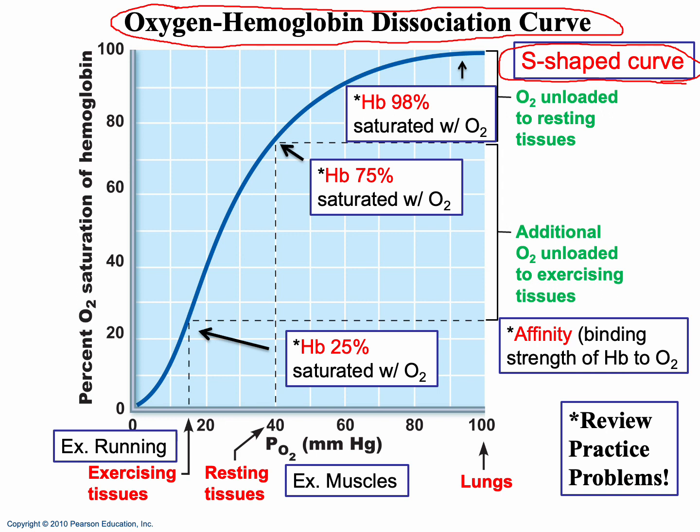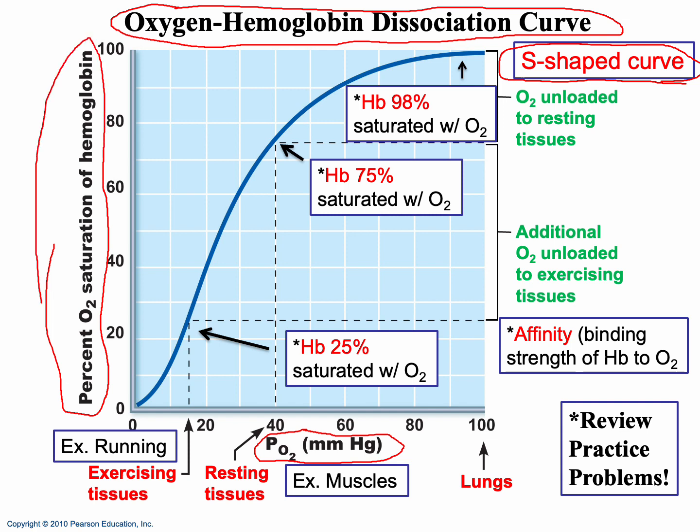If we look at the axes, our x-axis down here is the partial pressure of oxygen that we would find at particular areas in the body. And our y-axis for the graph is the percentage saturation of hemoglobin, so the amount of oxygen actually bound to the hemoglobin.